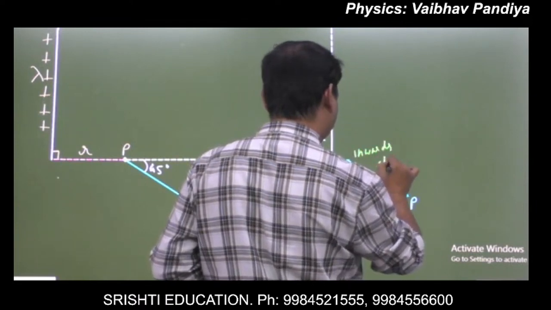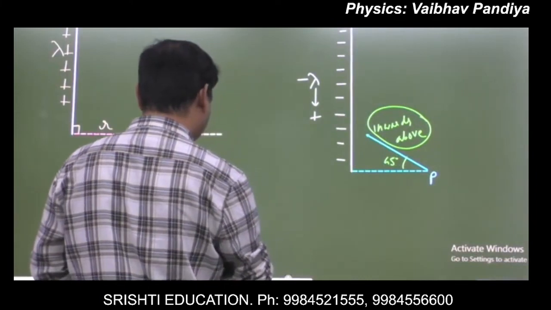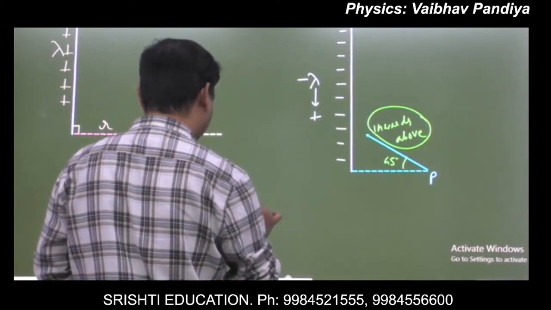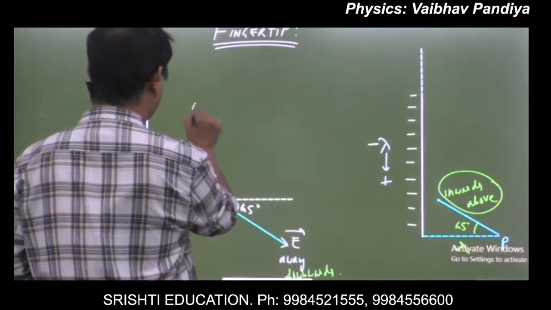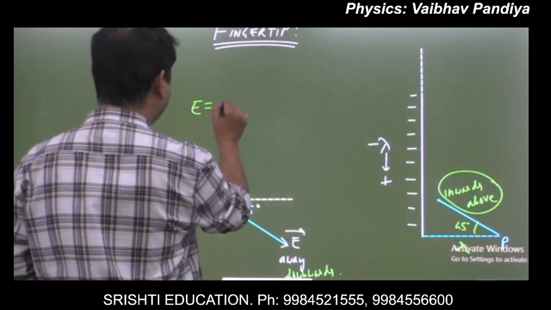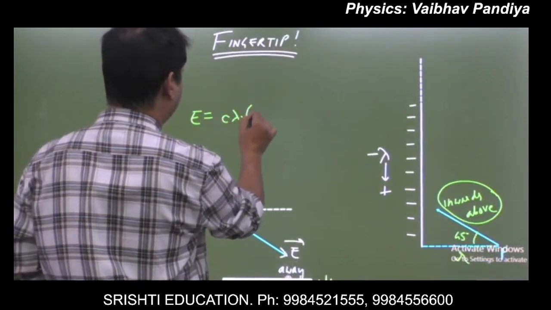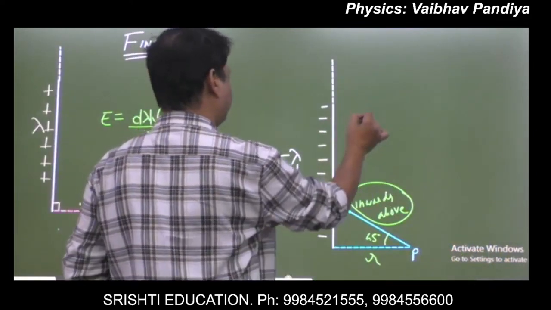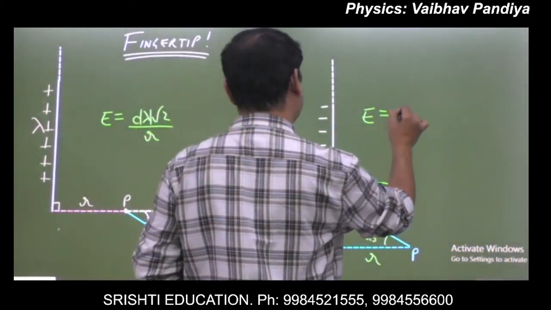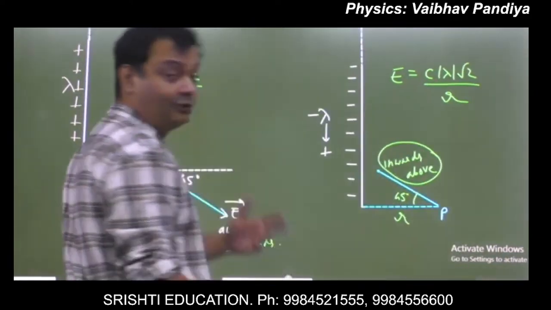Inwards, up. This is away, downwards, correct? And if you know the sign and you are simply writing the magnitude, you can write E is equal to C lambda root 2, put lambda in modulus, by r. Here you can write E is equal to minus lambda, modulus will be the same as lambda, E is C modulus lambda root 2 by r, if the sign is known.